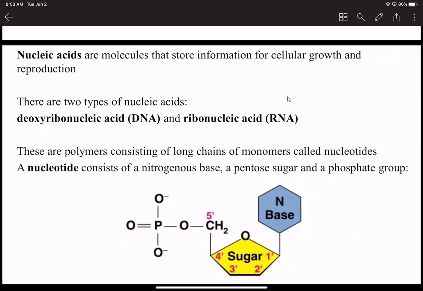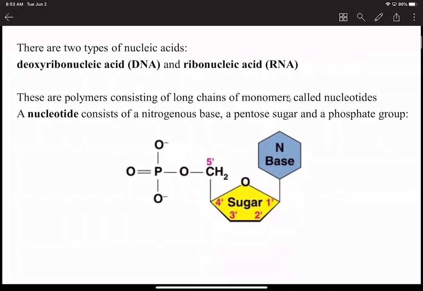Nucleic acids hold this information for our growth and reproduction. We have two types of nucleic acids. One we consider DNA, the other one we consider RNA. I'm sure you're probably already familiar with these terms, right? Deoxyribonucleic acid, and then we have what we call ribonucleic acid.